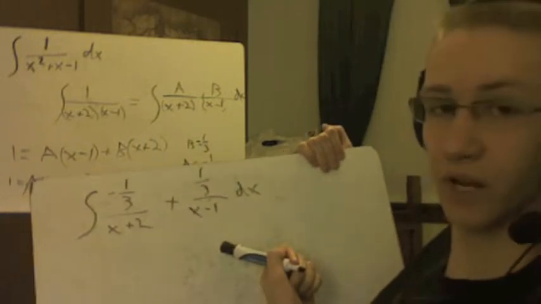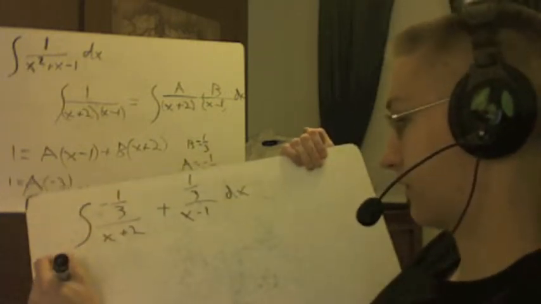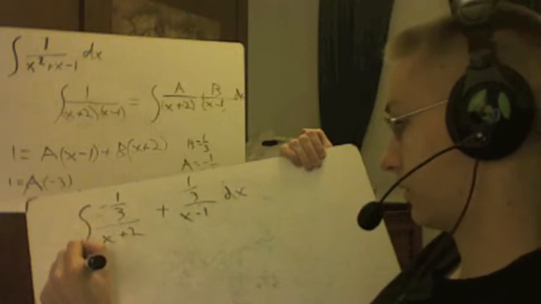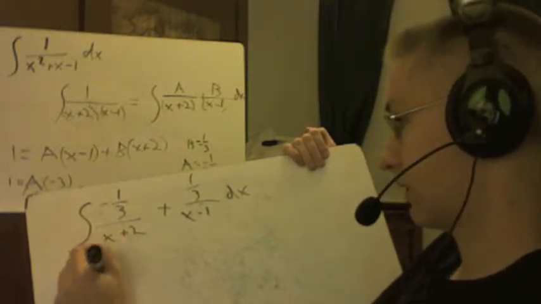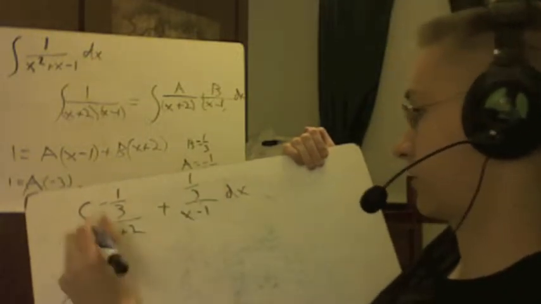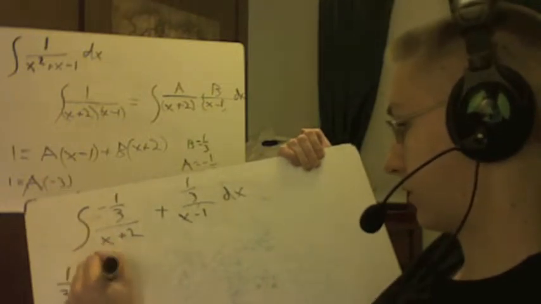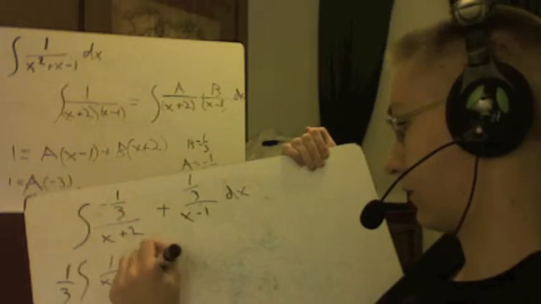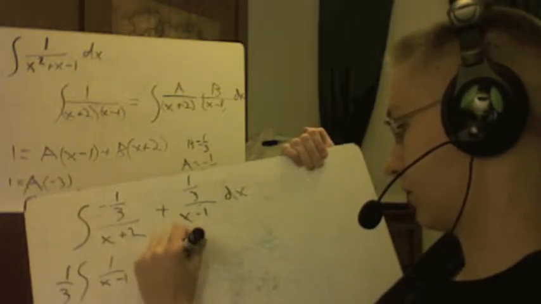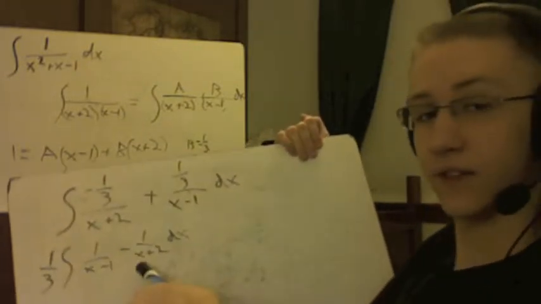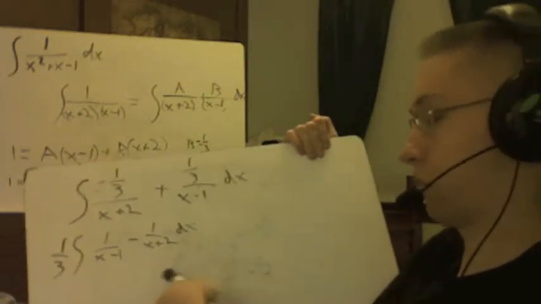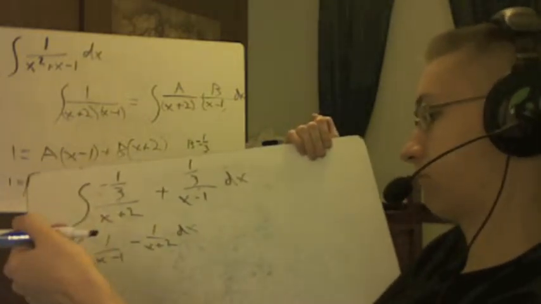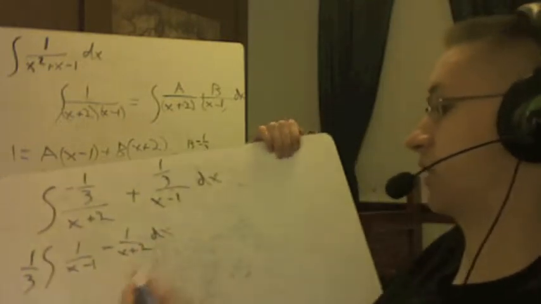That's really obnoxious looking, so you can totally just factor out a third, and you get, putting that over there because it looks nice, 1 over x minus 1 minus 1 over x plus 2. Now these are totally integrable fractions however you want. So this is solvable now, just like how you would want it to be.